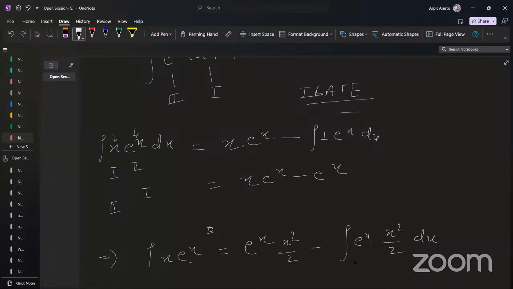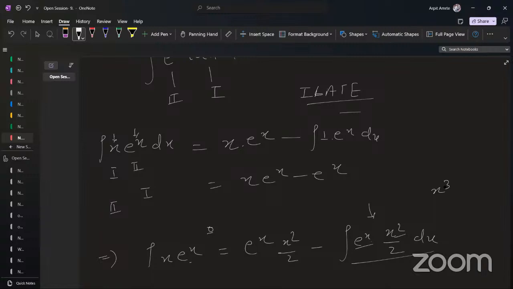So what you are seeing here, this term is not vanishing, right? Again we have to apply integration by parts here, because we also have two functions, right? Then if we again do this kind of thing, we will get another term where x raised to the power cube will be there. So what kind of thing is happening here?